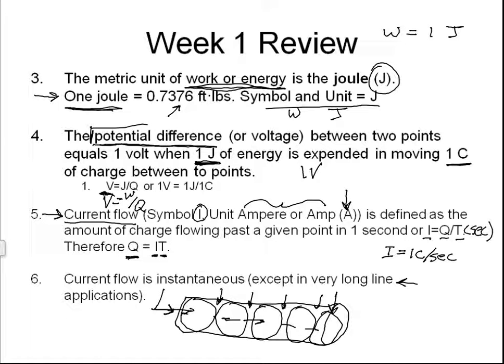Therefore, it's not instantaneous through observation in long line applications, because it's going to take a microsecond or so to make it through. So if you could watch the guy in Las Vegas throw the switch at the dam, San Diego might take half a second to get its light. All right, moving along.